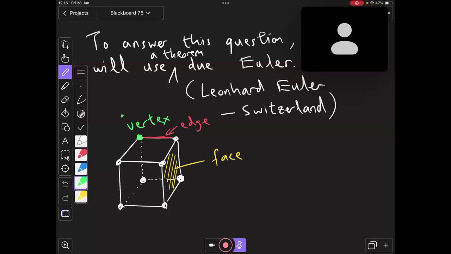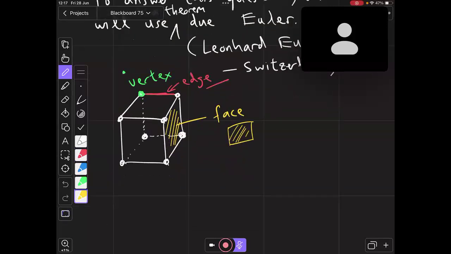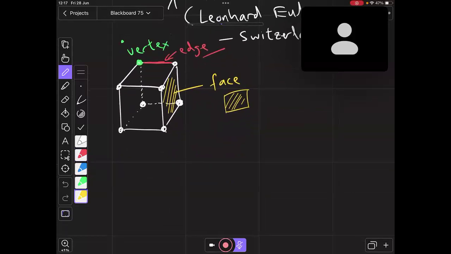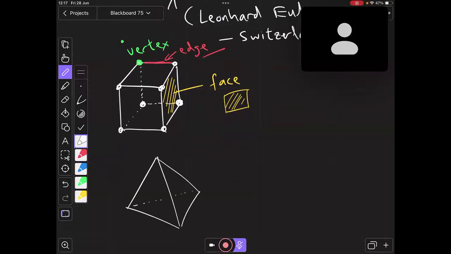So the vertex is just a point. The edge is a line. And the face is something two-dimensional, like that. Make sense? Yeah, okay. We can do it for example for the tetrahedron. Same thing.